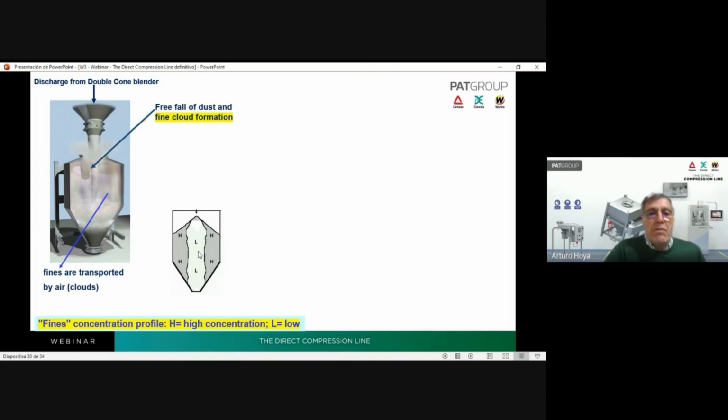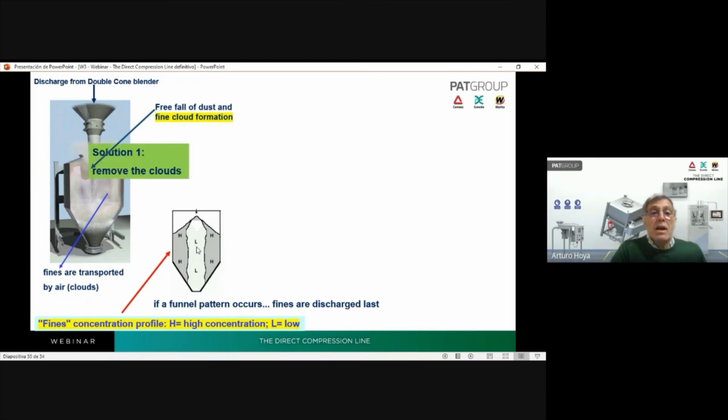So, due to this, the first runs of tableting, the tablets will have less content, and the last runs will have more content, if the funnel pattern occurs, of course.